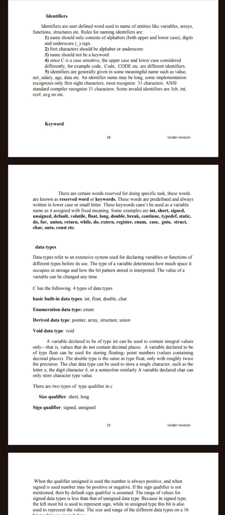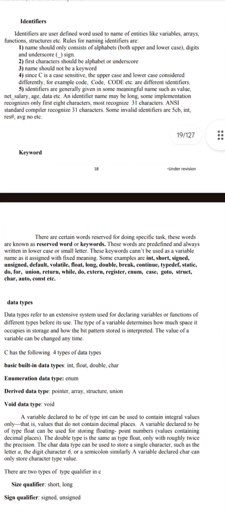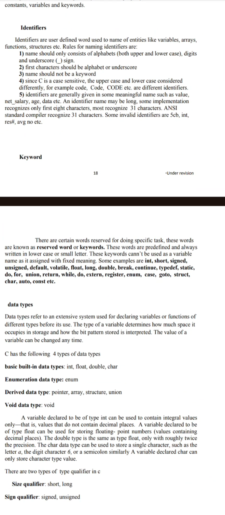And the next one is identifiers. Identifiers are nothing but the names used to identify variables, arrays, functions, or structures, etc. Identifier is just a name to identify variables or arrays or functions. There are some naming rules for identifiers, and you can expect a question from this section. Identifier names should only consist of alphabets, both upper and lower cases are allowed, digits and underscore.